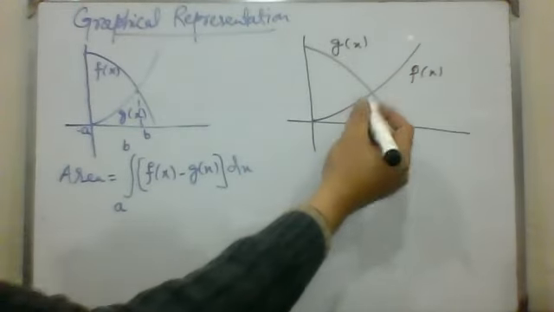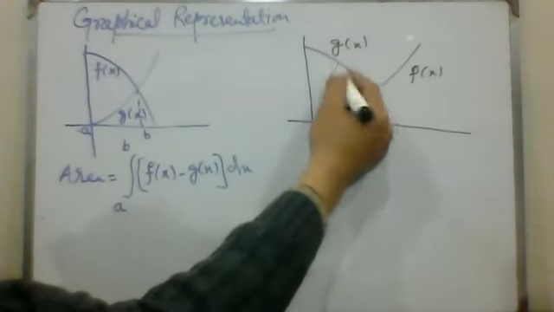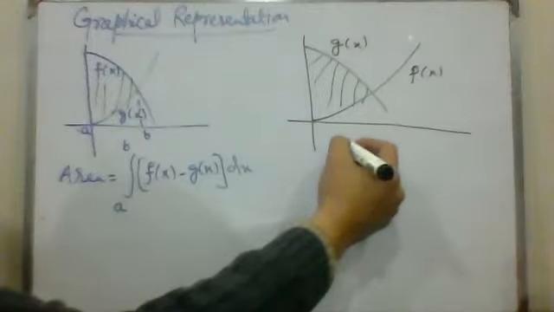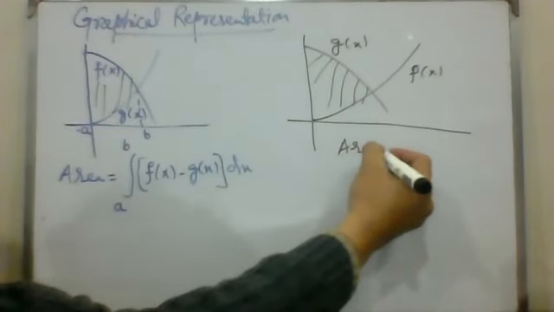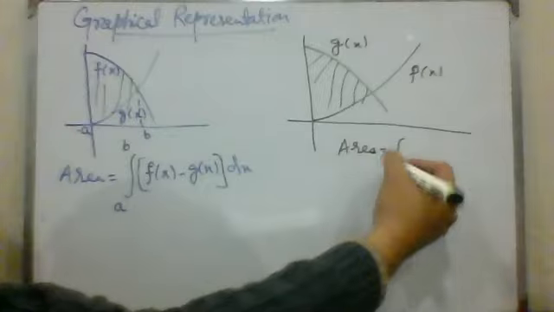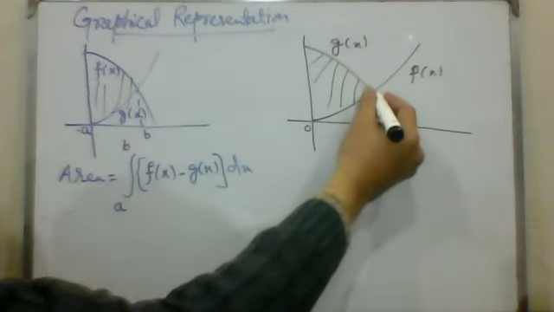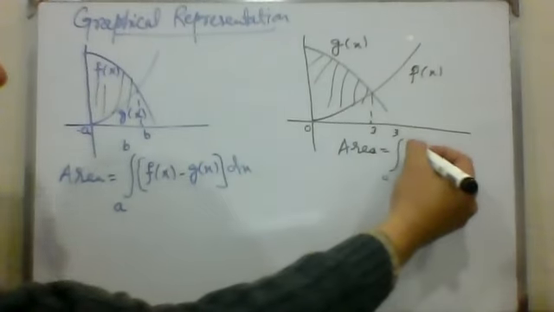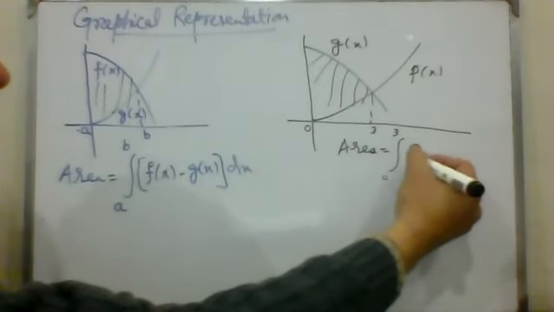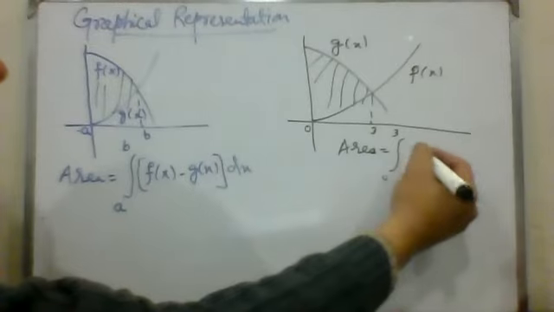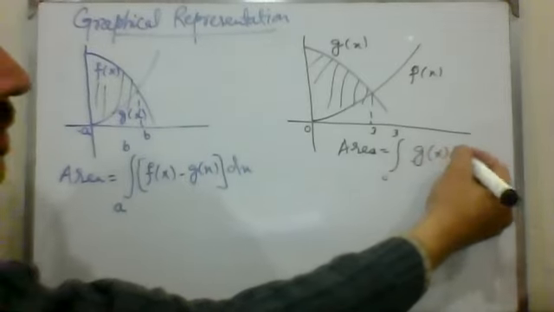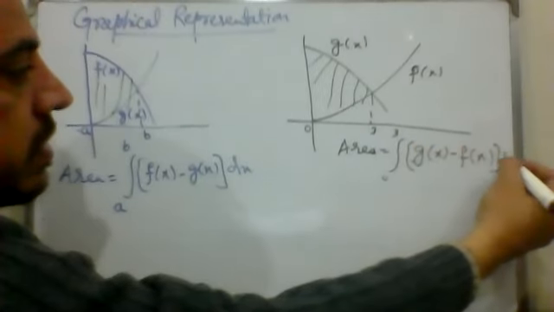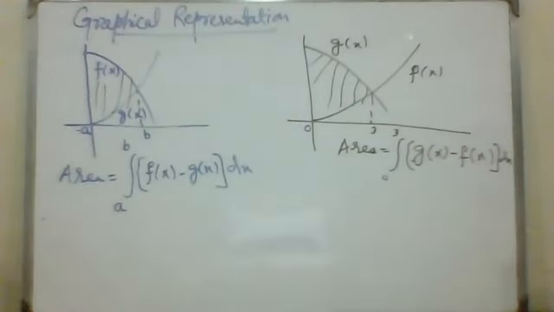So to find the area which lies in the domain, we use the formula: area is equal to, for any region, say 0 to 3 for example, we can write the integral from 0 to 3 of g of x minus f of x dx. So that is the way to represent it.